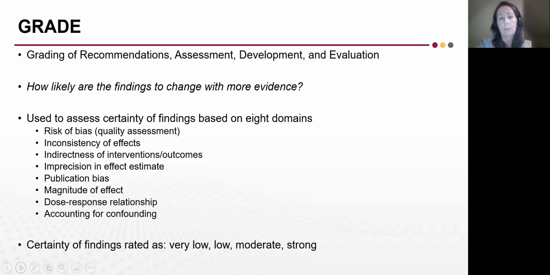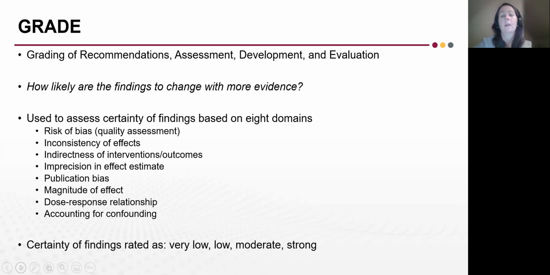About 4 months into our rapid reviews, we also started applying GRADE. And this was a really important new development in the methods that really added, I think, to the rigor of the reviews and really helped with the certainty of the findings.